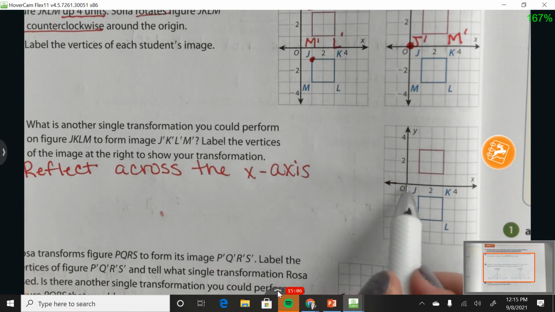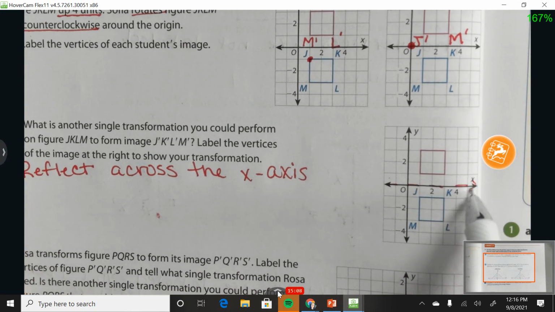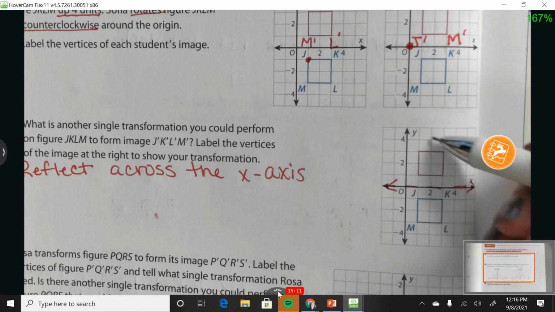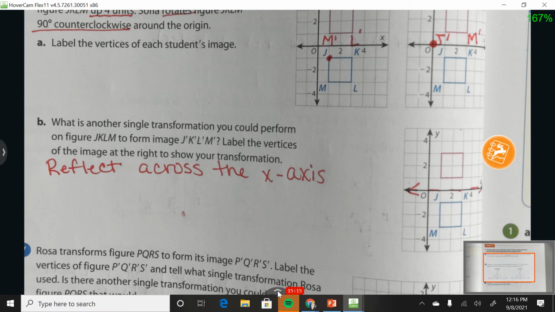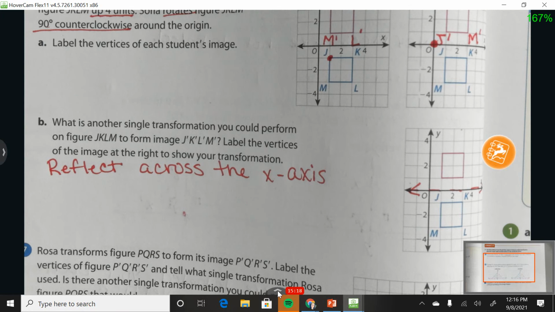So here is our line of reflection, reflected across the x-axis. Okay, and label the vertices. So label J, K, L, and M prime.